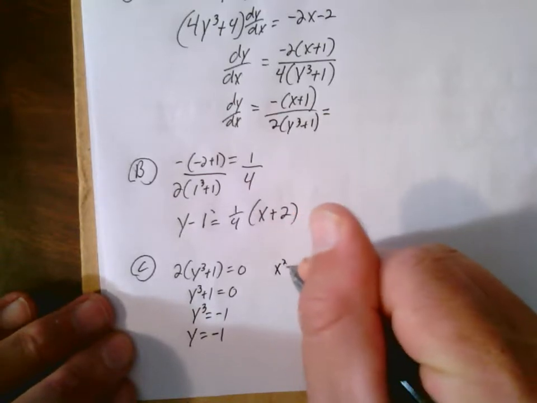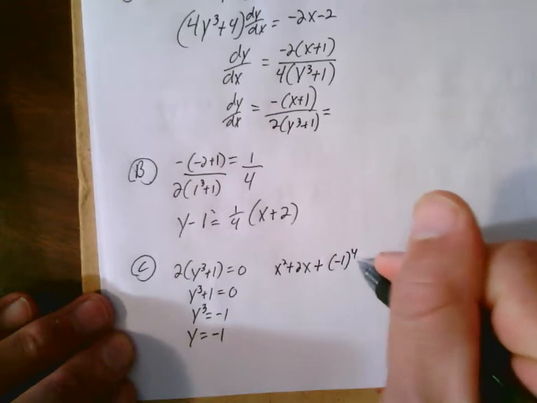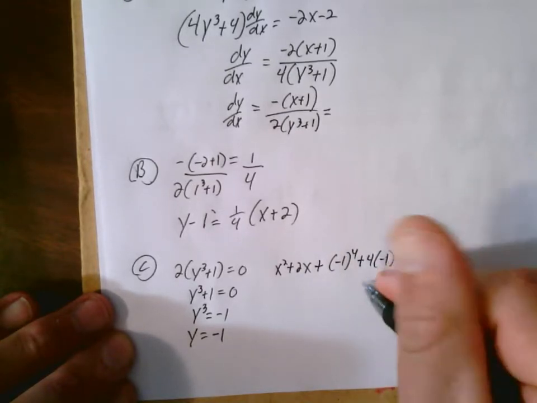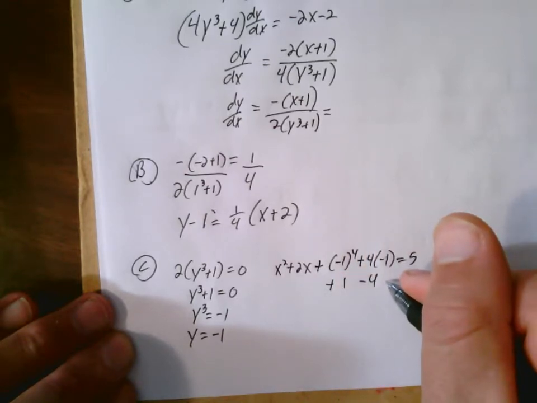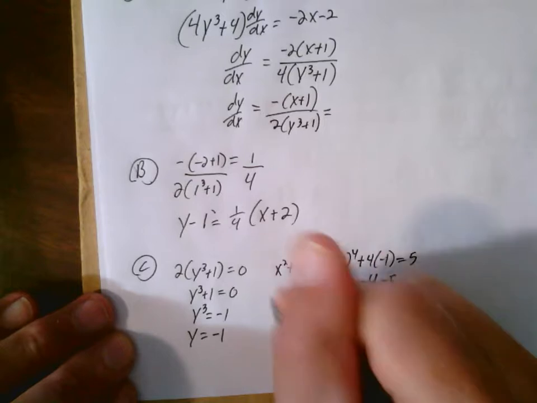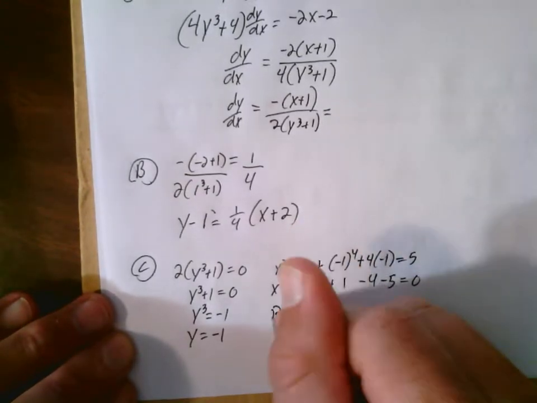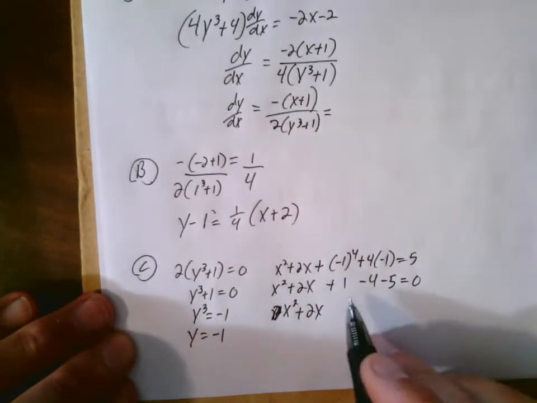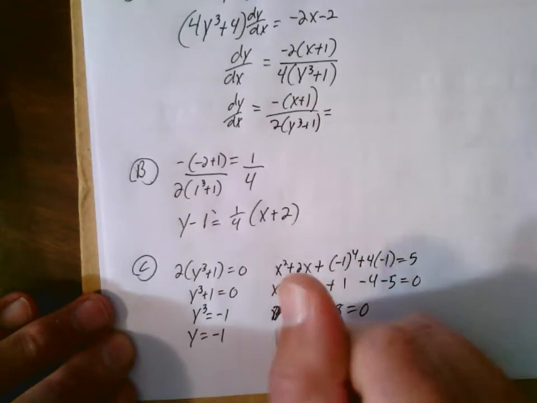So x squared plus 2x plus negative 1 to the 4th, that's positive 1, plus 4 times negative 1, negative 4. It's a quadratic, so I'm getting everything to the same side: x squared plus 2x, and I get 1 minus 4 minus 5 is negative 8.